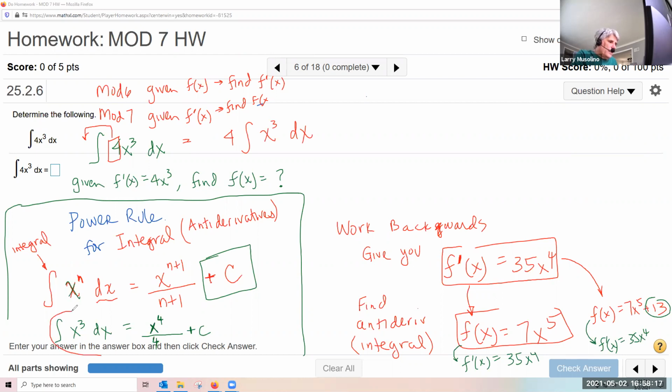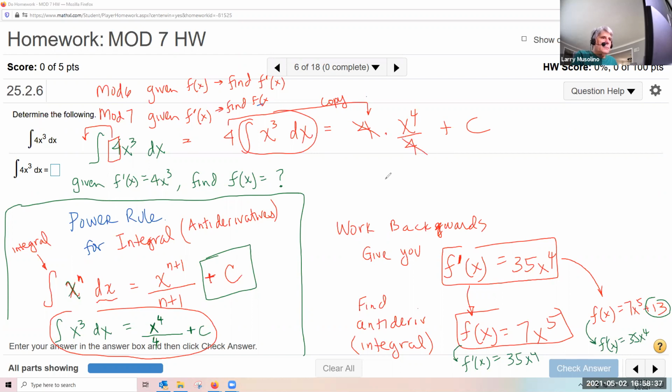We just worked that out down here using the power rule. So the 4 comes with me, so I'm just copying that. Now I'm taking the integral of x to the 3 dx, which we said is x to the 4 over 4 plus a constant. But this 4 cancels with that 4. So we're left with just x to the 4 plus a constant. This is the final answer.